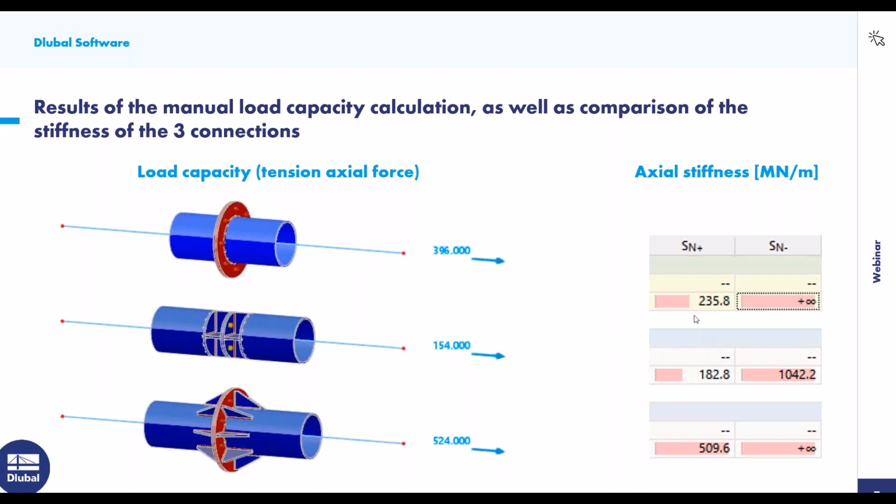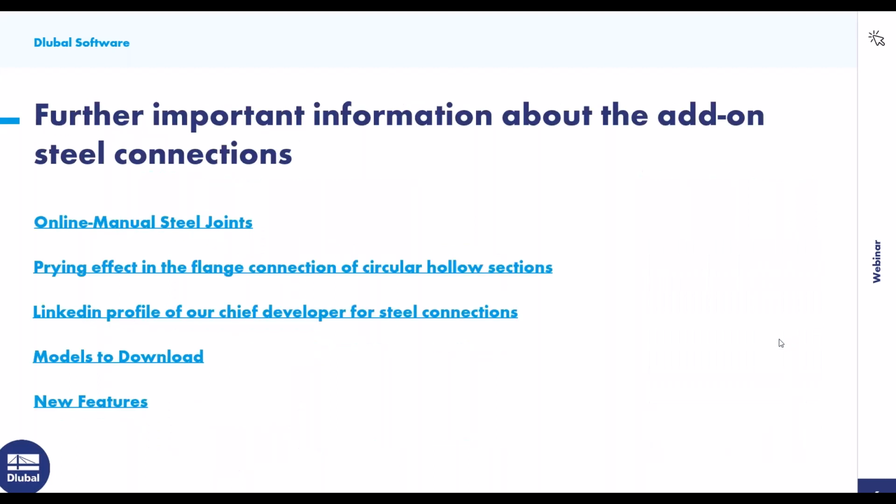And you can also see the actual stiffnesses for compression, where there is an infinite axial stiffness. That means that the stiffness of the connection is higher than the stiffness of the member. Okay, that's all for this slide.